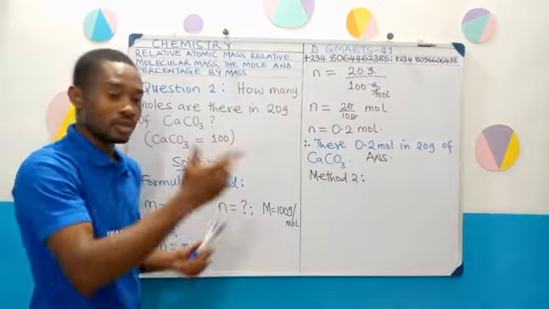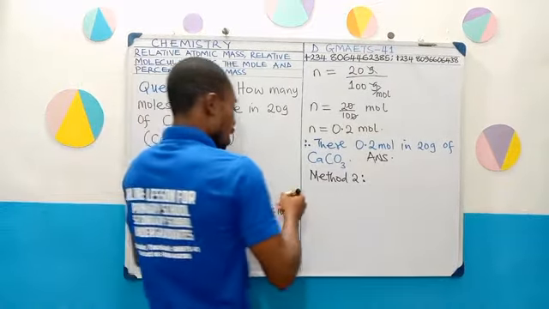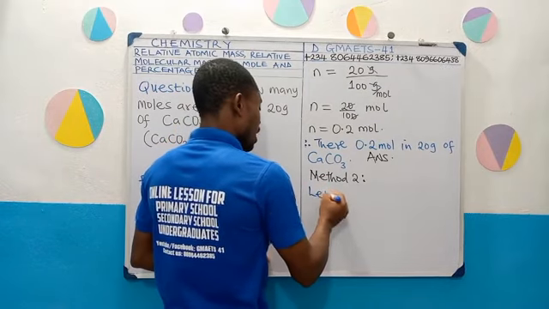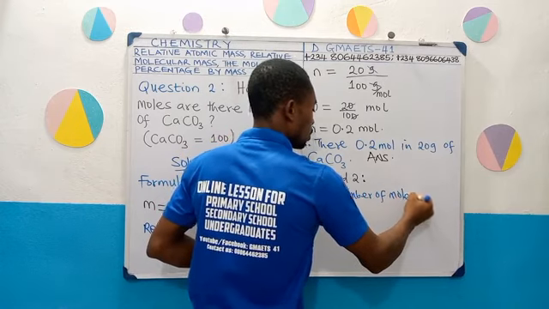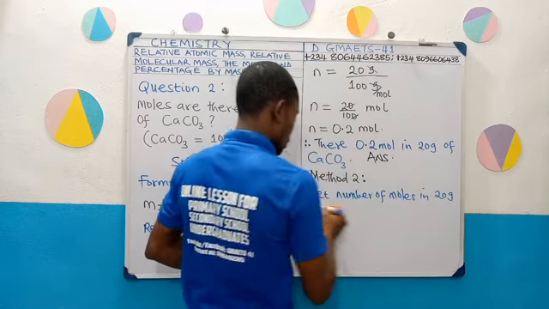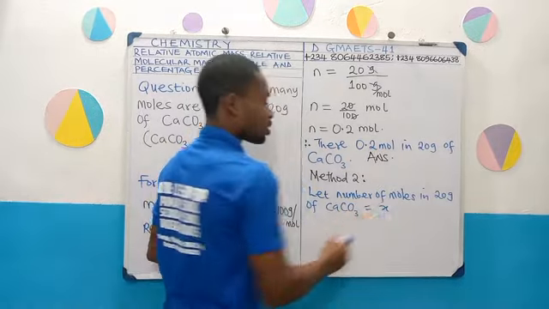In method 2, all we need to do is to say, okay, how many moles are there in 20 grams? We don't know. Let the number of moles in 20 grams of calcium trioxocarbonate IV be equal to x. I don't know that.